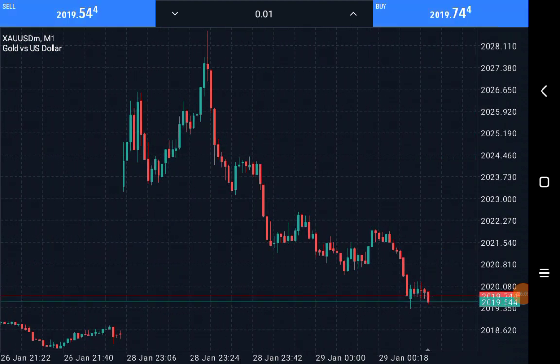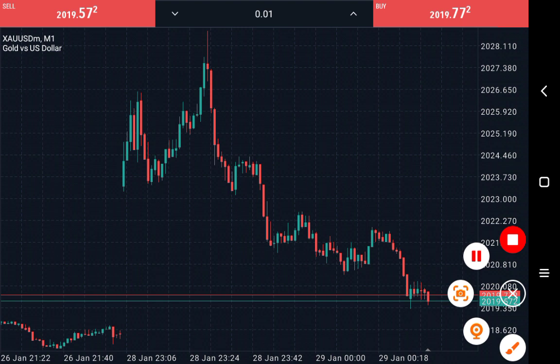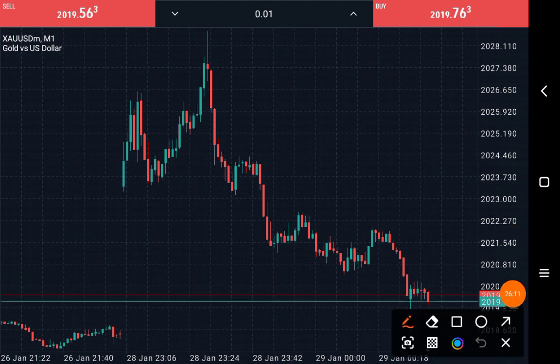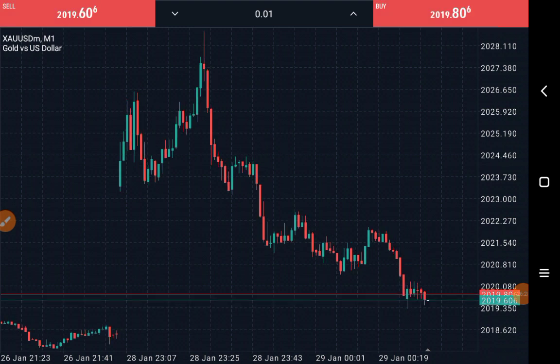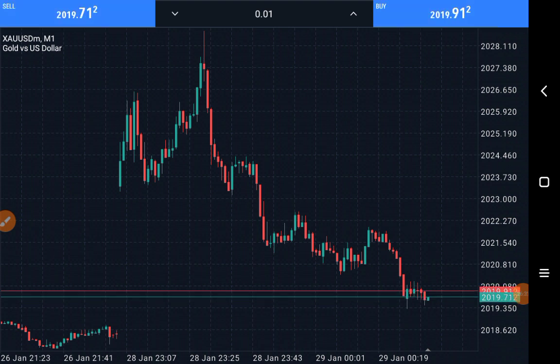Look at these two lines. This green one is at 2019.614 something. One of them is the ask price, the other one is the bid price. The difference is the spread.